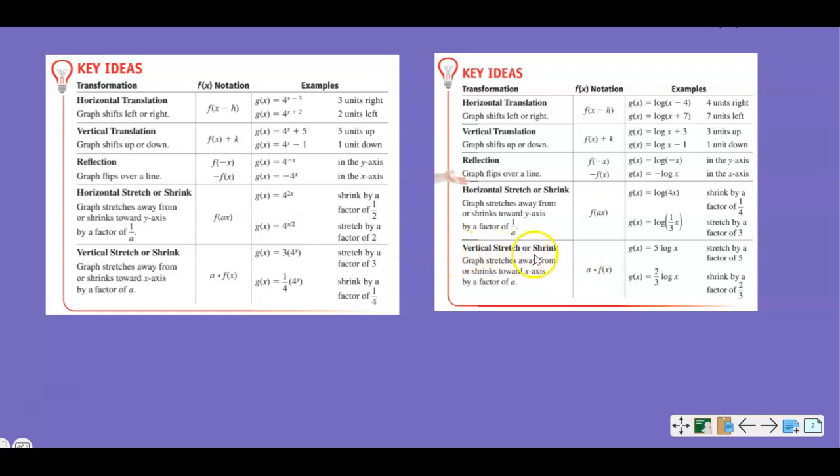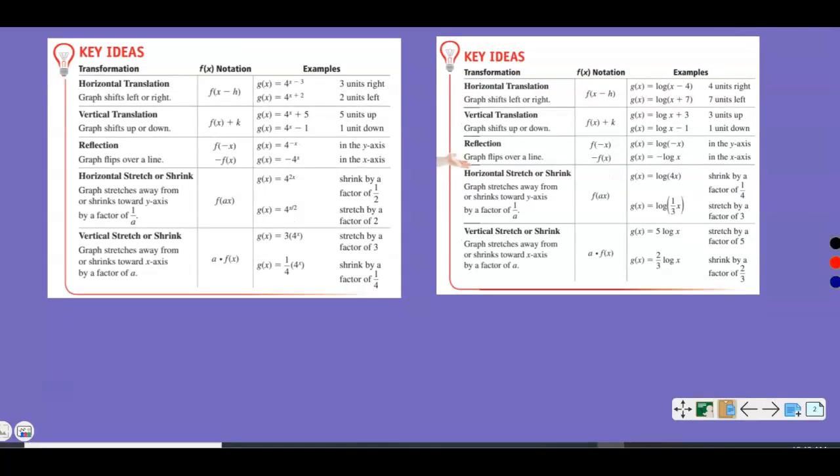So a vertical stretch or shrink means a is multiplied times y, or f of x, and it's a little bit more straightforward. The 5 is your stretch by a factor of 5. 2/3, it's a shrink by a factor of 2/3. And it's a shrink because it's less than 1, stretch because it's greater than 1. Same with the other functions as well.